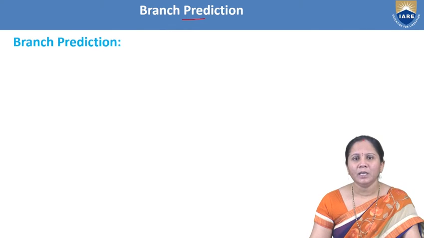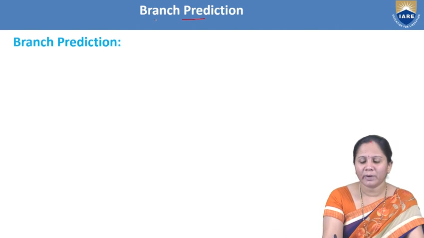For example, in that program, if any branch instruction occurs, when the processor executes that branch instruction, the entire pipeline process will be changed. At those conditions, the branch prediction technique is very useful.